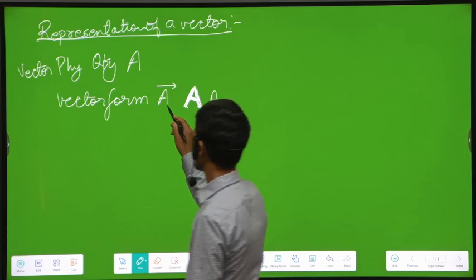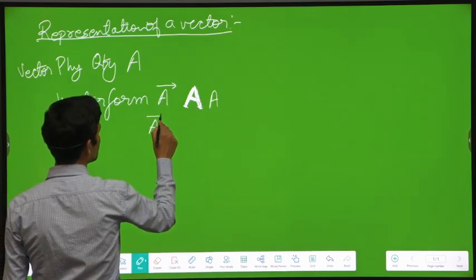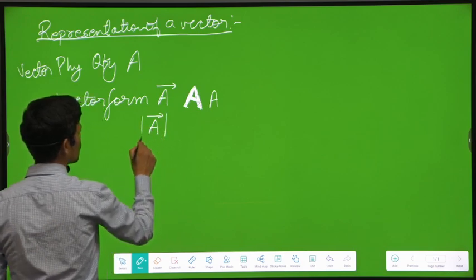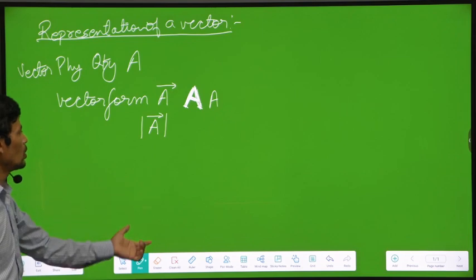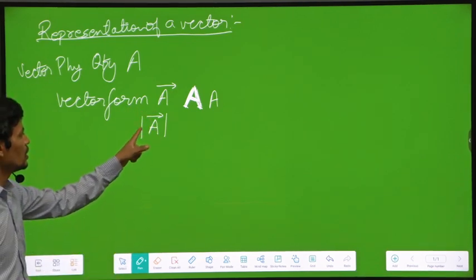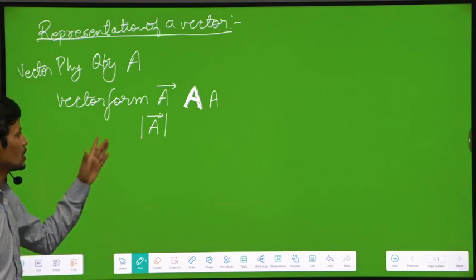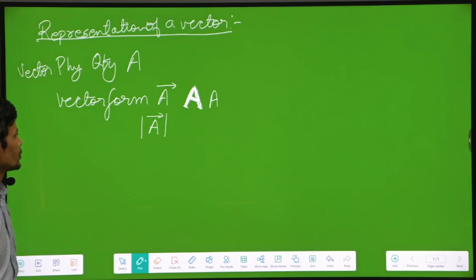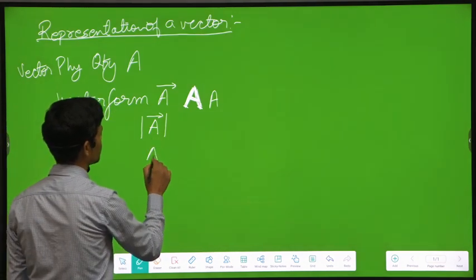So this is its vector form, and if we put a mod on both sides of this vector, then it is a scalar value, just the magnitude, just the number. We can directly write it like this also.